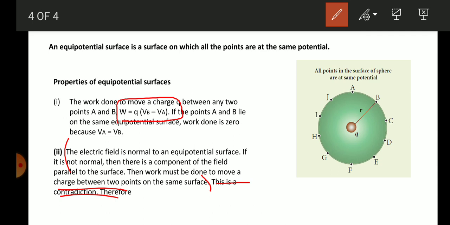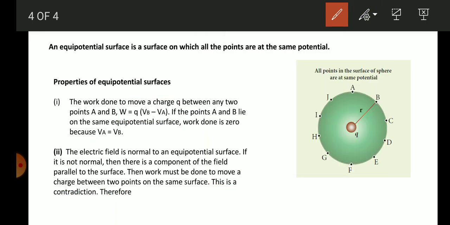What they are saying is, if the electric field is not normal, that means there is not a uniform electric potential on the surface, or the electric lines of force are not equal at all the points, so all the points will have a different electric potential. So you have to do some work to move a charge from one point to another point. So this is an equipotential surface.